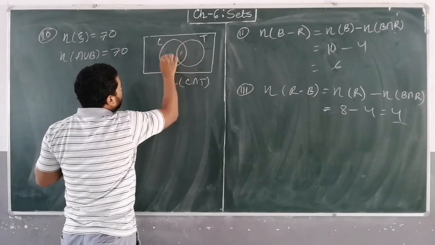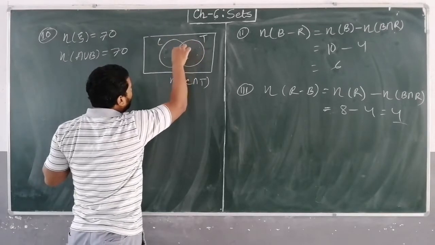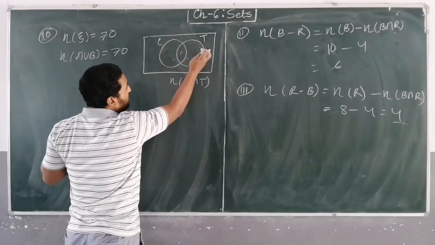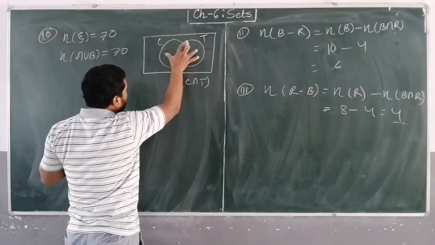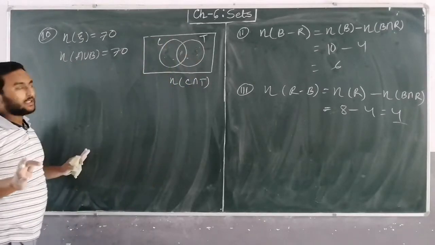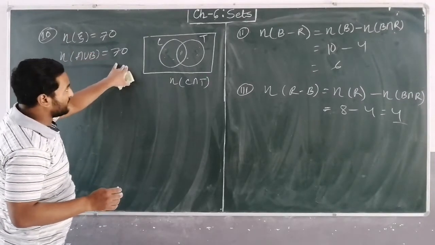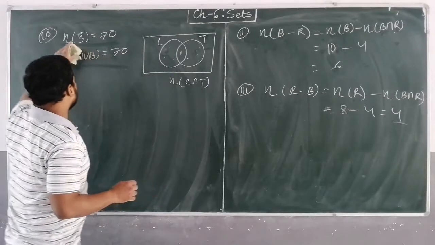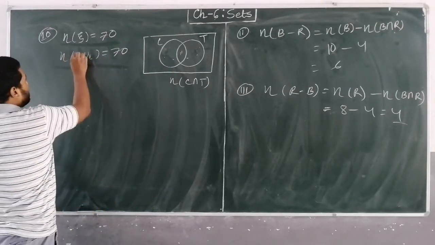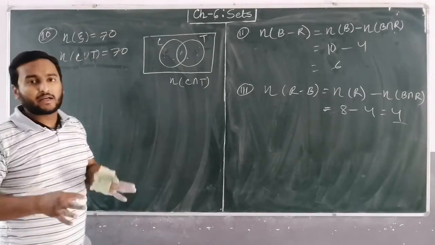Outside the set of coffee and tea, there are no people. So the total number of people equals the union of C and T.